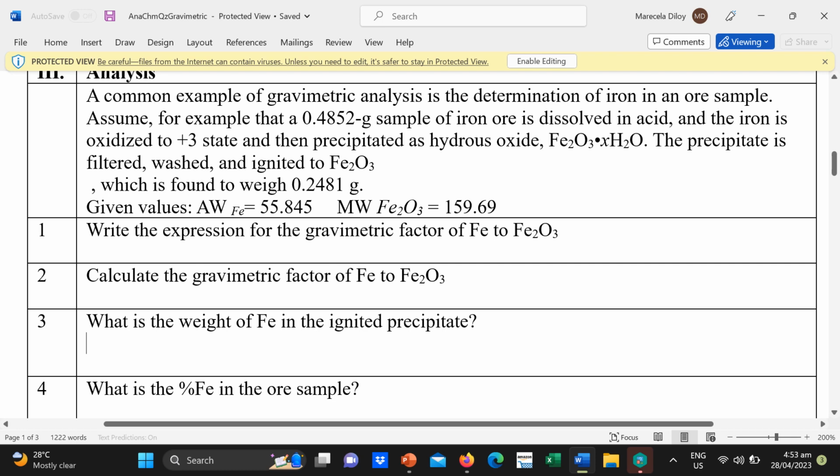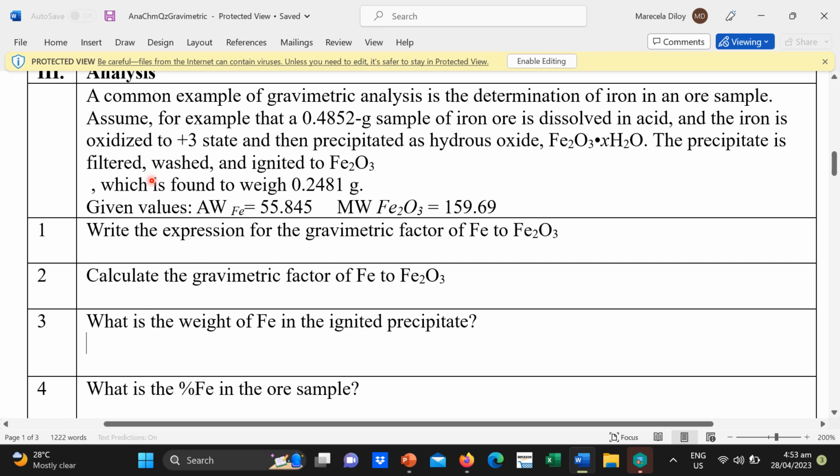Okay, so gamitin natin yan sa ating problem. The problem that was given to you. A common example of gravimetric analysis is the determination of iron in an ore sample. Remember, an ore is a deposit in the Earth's crust containing one or more valuable minerals. So, hindi lang nag-iisa yung iron doon.